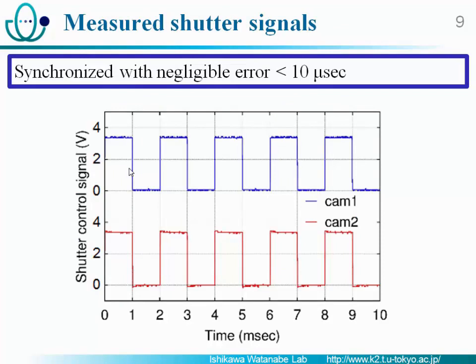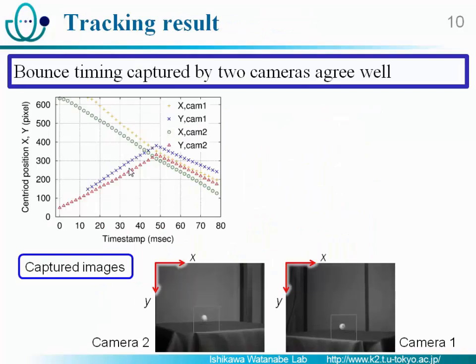And this is the measured camera control signal. The two lines indicate the two cameras' shutter controlling signals. And the result shows that the two camera control signals are accurately synchronized with only a small error of less than 10 microseconds. And this is the tracking result. The ball position X and Y calculated in every frame is plotted.